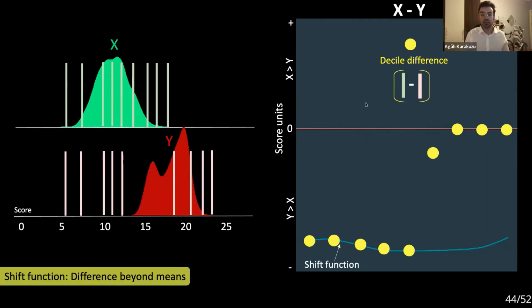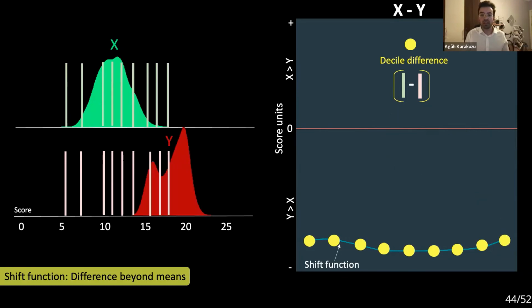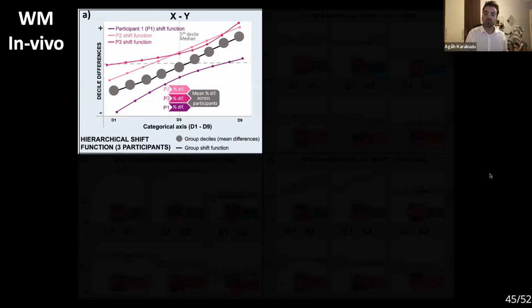And when it's repeated for all the deciles, we get the shift function characterizing the differences throughout the distribution. Here it explains that to match the distribution of X, we need to shift distribution Y down, which means towards lower values. And the shape of the shift function also informs us about the differences between distribution shapes. Here, Y is bimodal and X is unimodal, and we see a curve here. That's why we observe that.